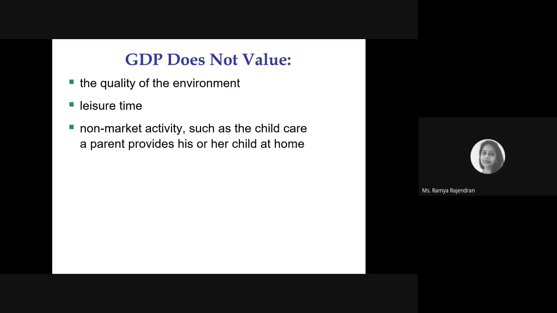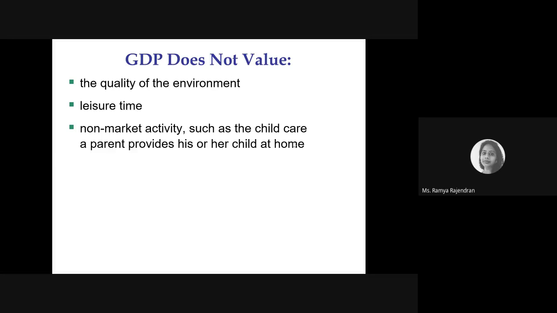So we have a few other things, like the quality of the environment, that can't be measured by GDP. It can be a working environment, a personal environment, or a society. You can't measure that with GDP, or the quality of leisure time that any person has, or the number of working hours a person has. That cannot be measured through GDP.